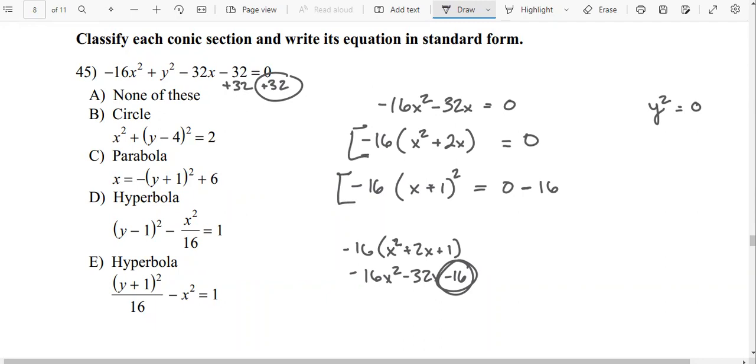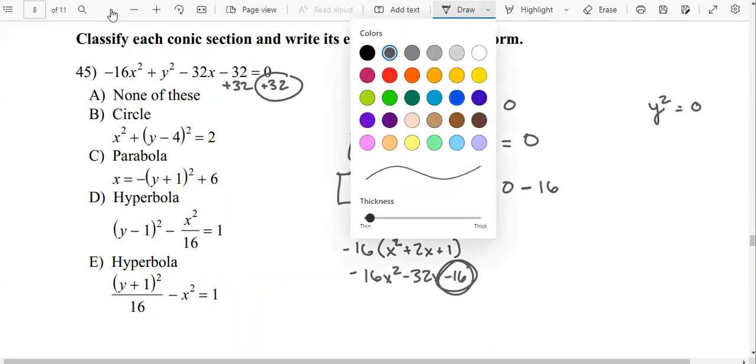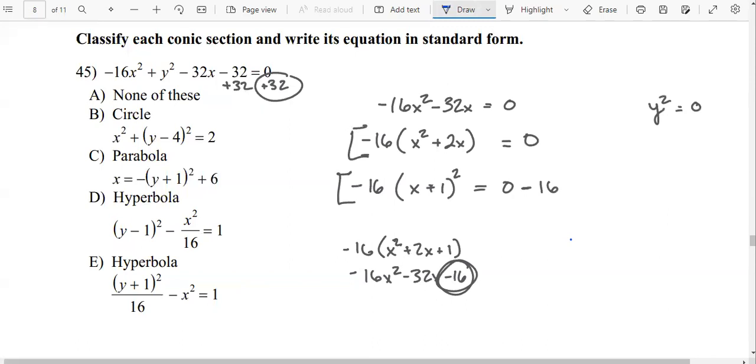I decrease the left side by 16, so I have to do the same thing to the right side as well. So what is that going to end up looking like? I will switch to blue. It's going to look like -16 times x plus 1 squared plus y squared equals 32 minus 16, or just 16.